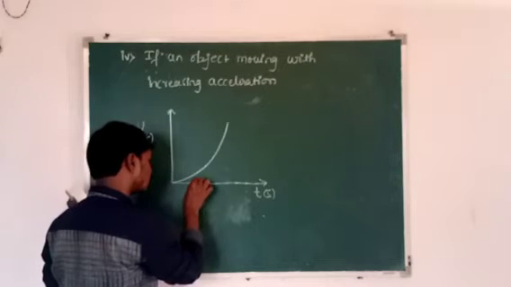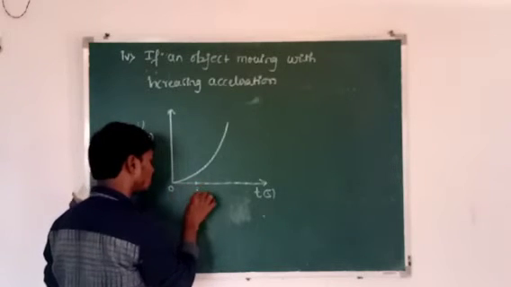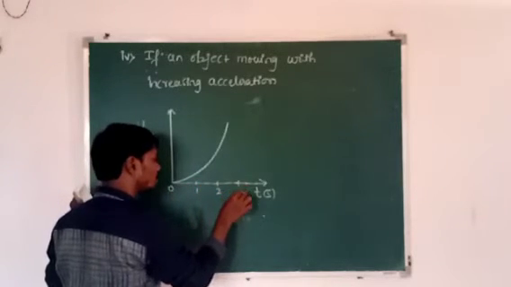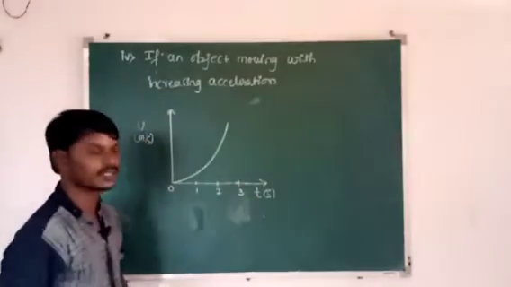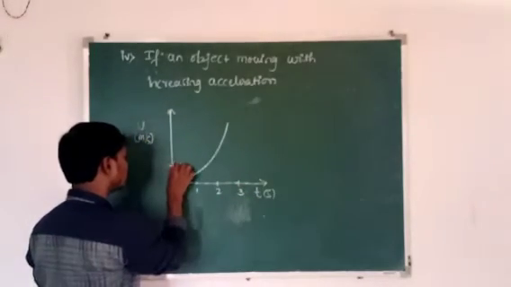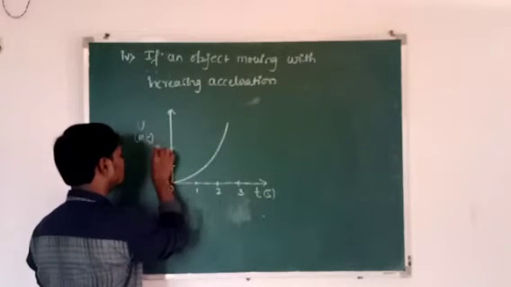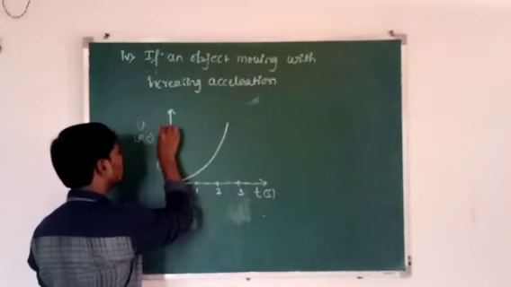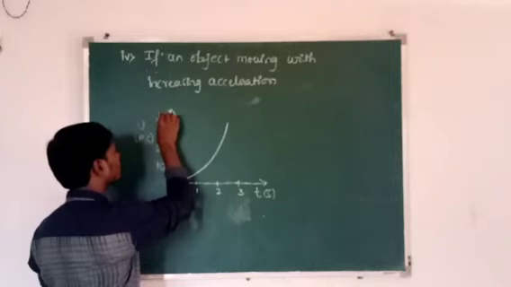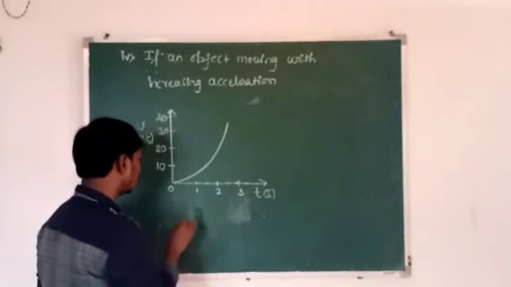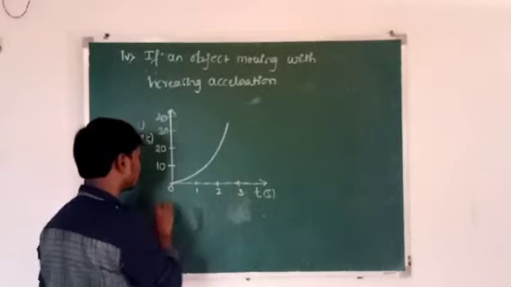So let us take some time intervals 0, 1, 2, 3 and so on. Then again I will take the velocity readings along the y-axis, 10, 20, 30, 40, and so on. Then at 0 second, what is the velocity of the object?